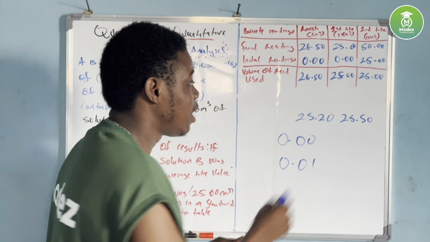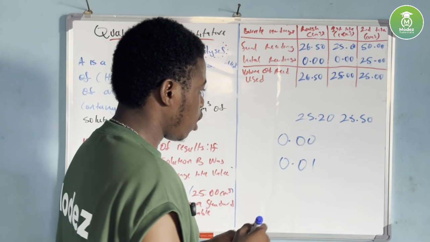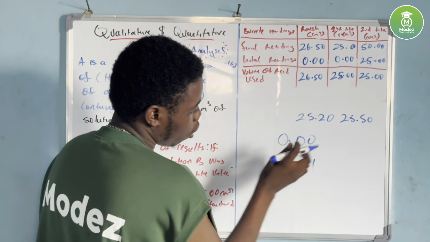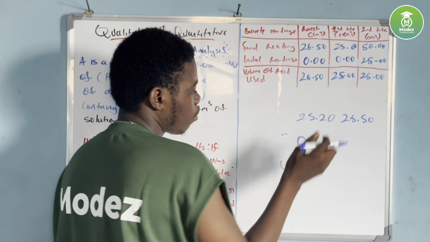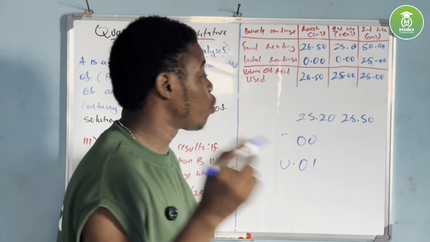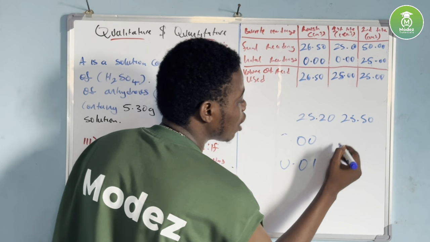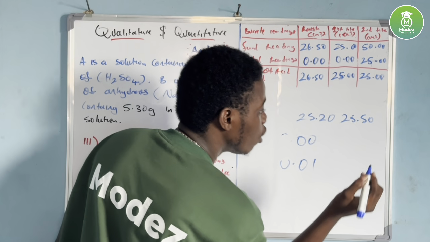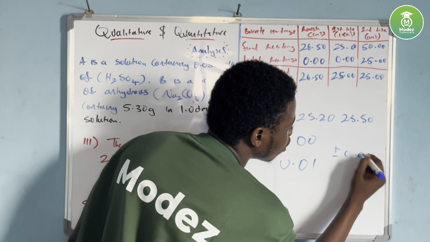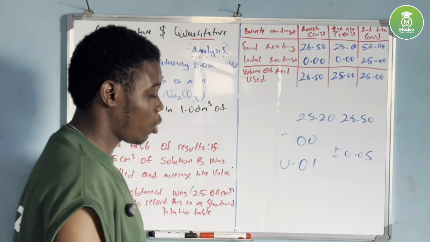This is not concordant. The difference is too much. Right? So you have to make sure that it is nothing more than, don't forget what I told you, plus or minus 0.05. This is what you should use.